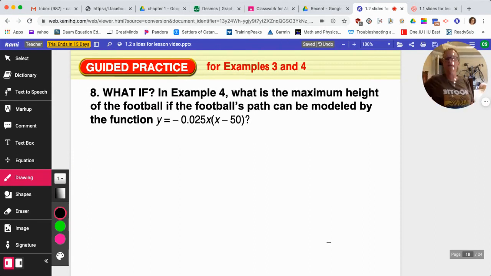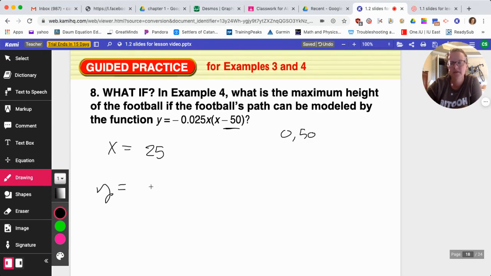All right, so in example 4, what's the maximum height of the football if the football's path is modeled by this function? So this is a very similar function. My axis of symmetry is going to be 25 this time because it's halfway between 0 and 50. I would have to plug that in to find the maximum.